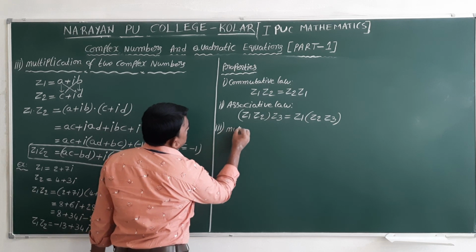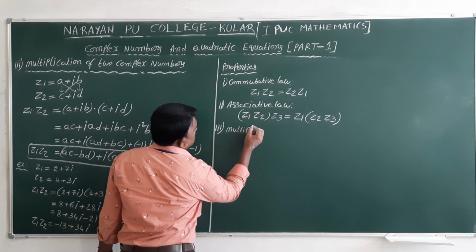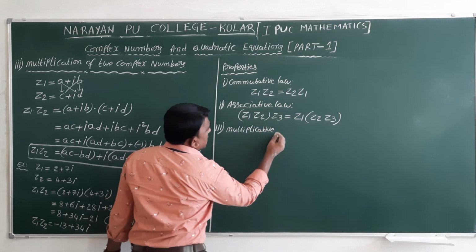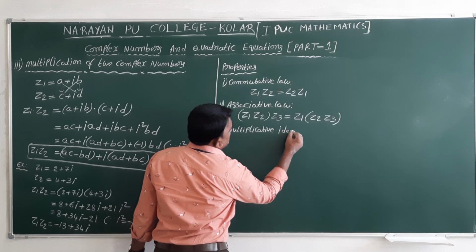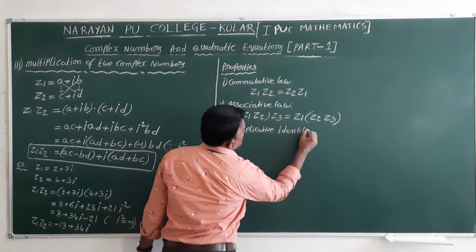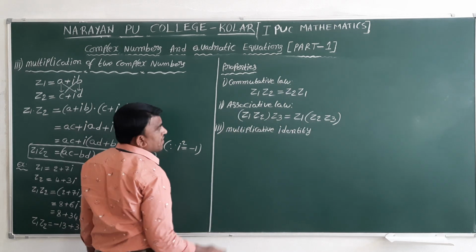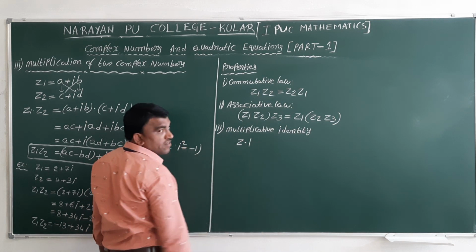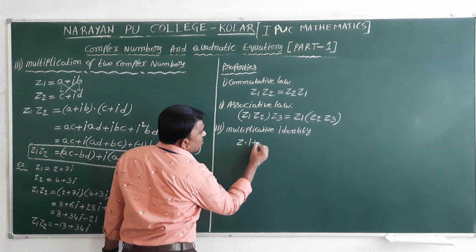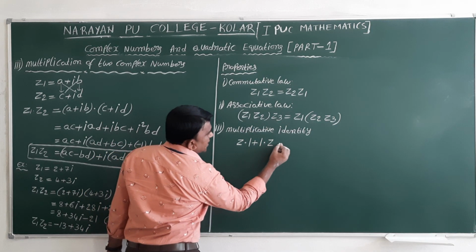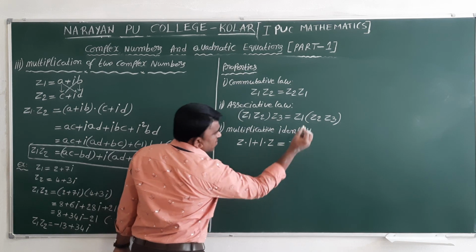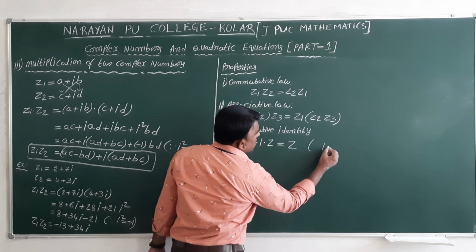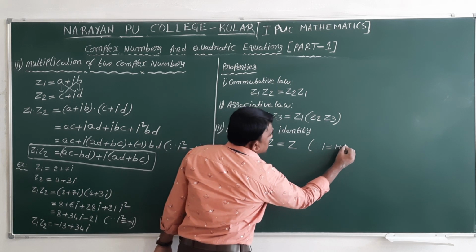Multiplicative identity. So here z into 1 plus 1 into z is equal to z, where 1 we can write as 1 plus i into 0.